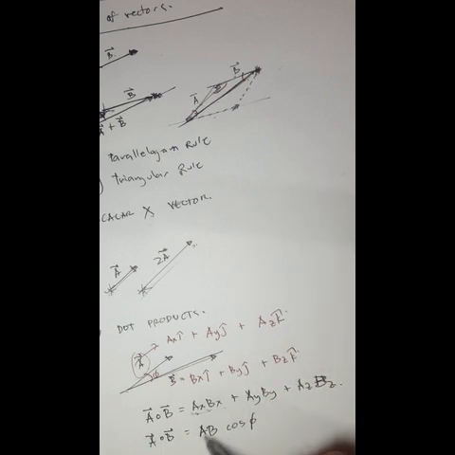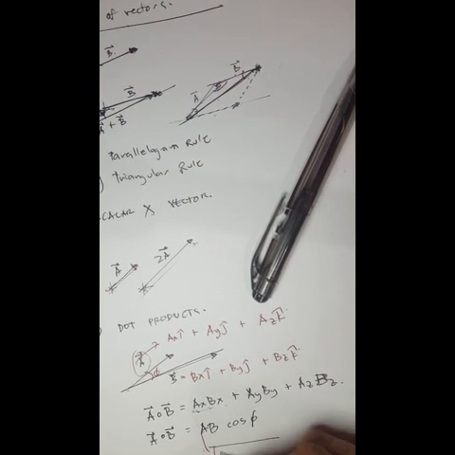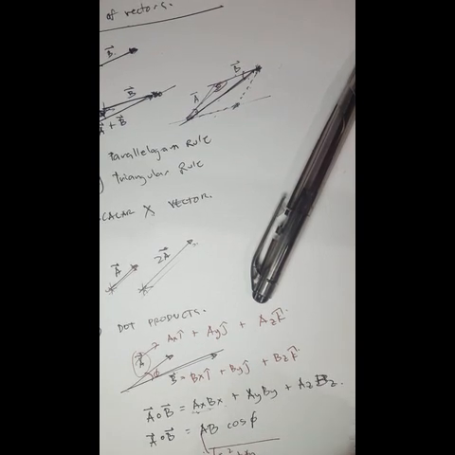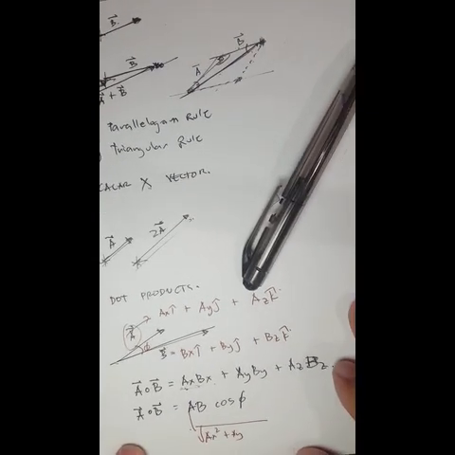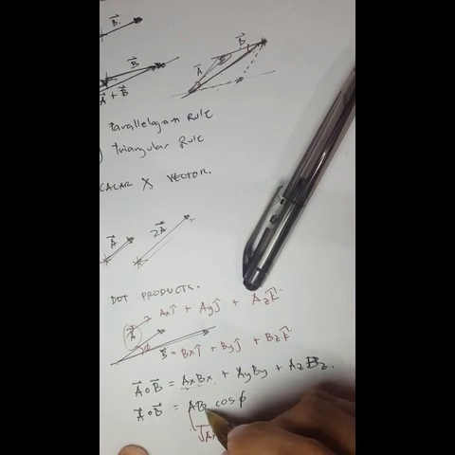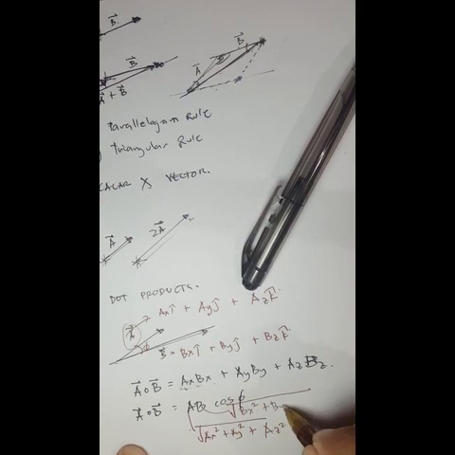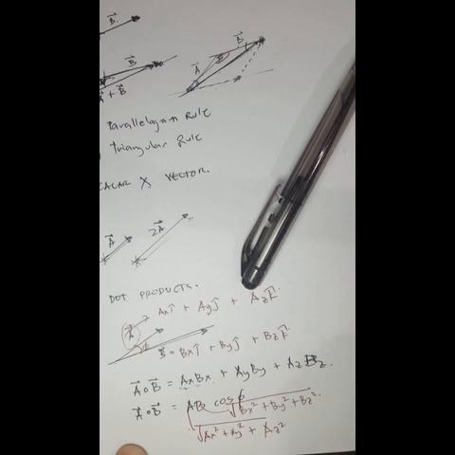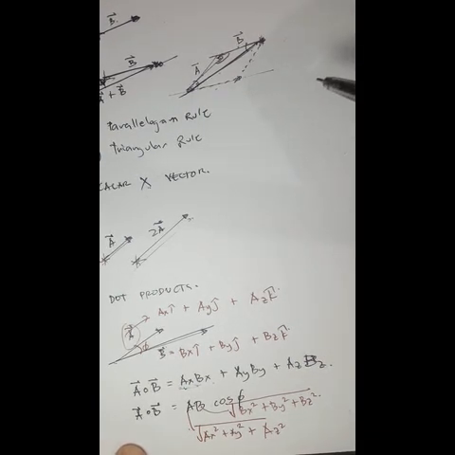Take note, these are just scalar magnitudes. For A, we can write it as the square root of ax squared plus ay squared plus az squared. The same goes for b, so we have the square root of bx squared plus by squared plus bz squared.